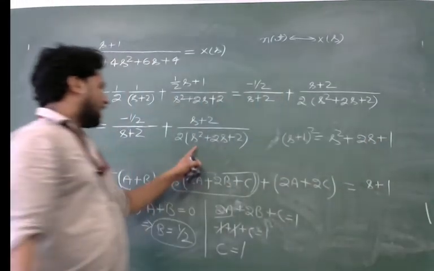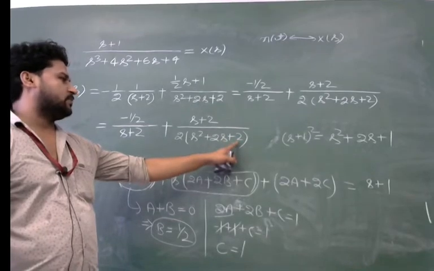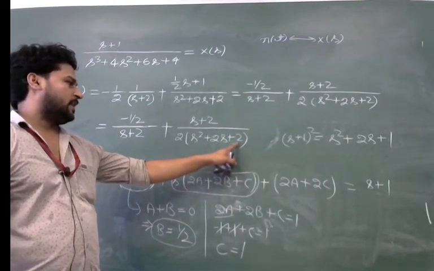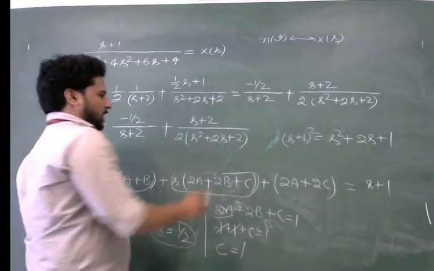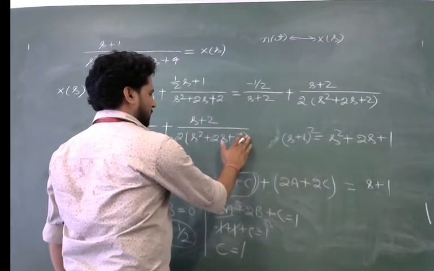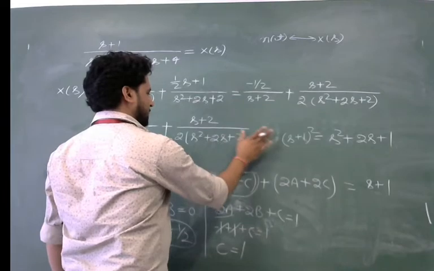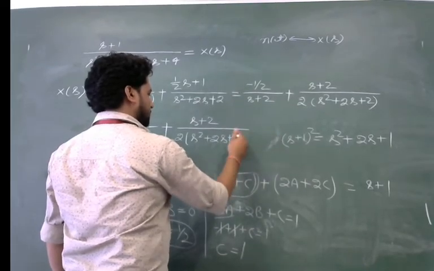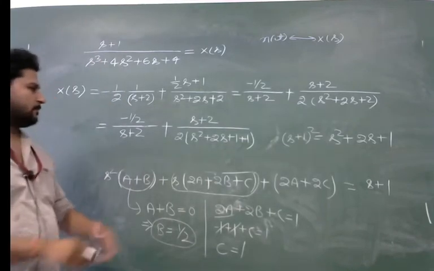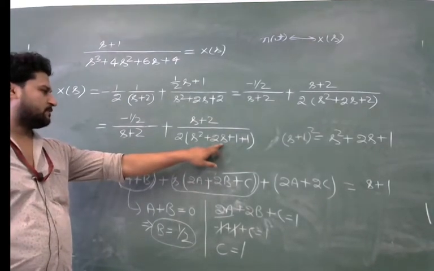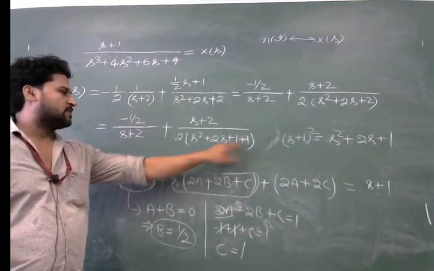So s square plus 2s plus 2 is here, and what we need is plus 1. So I have to subtract 1 from here, so I can write it as plus 1 plus 1. So this will become s plus 1 whole square plus 1.